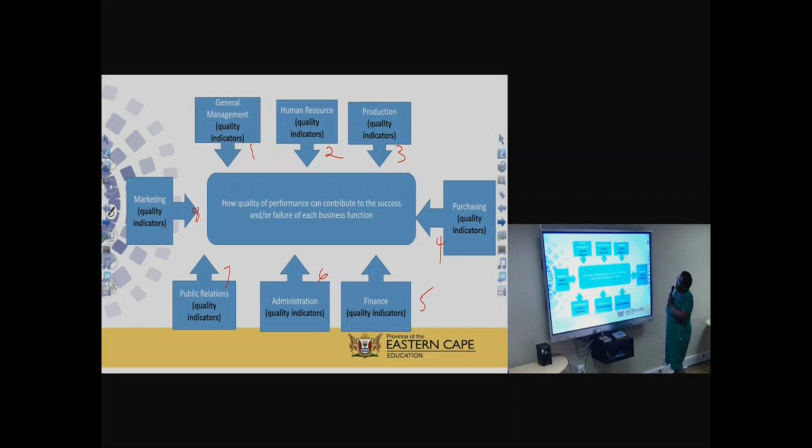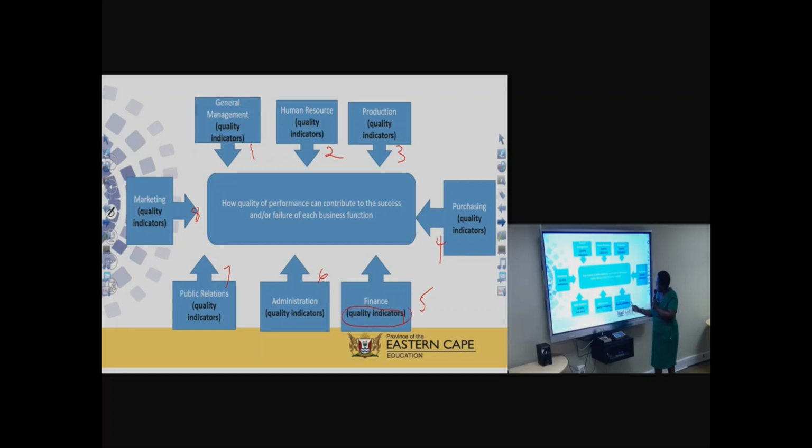You have the general management, human resource, production, purchasing, finance, administration, public relations, marketing. Then with regard to the characteristics or the responsibilities of each function, that one was taught in the previous grade. The concentration now is on quality indicators.